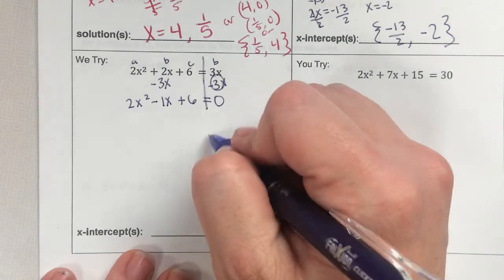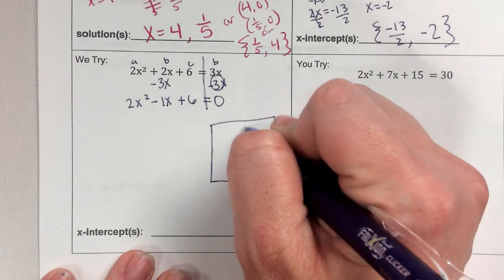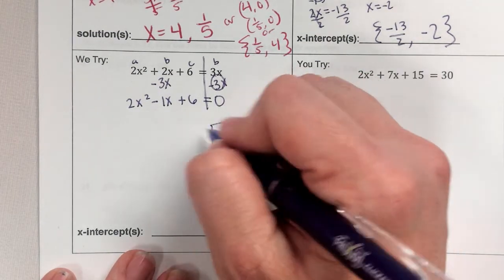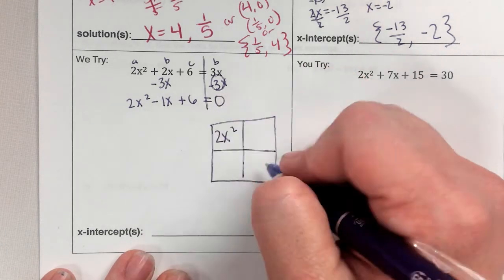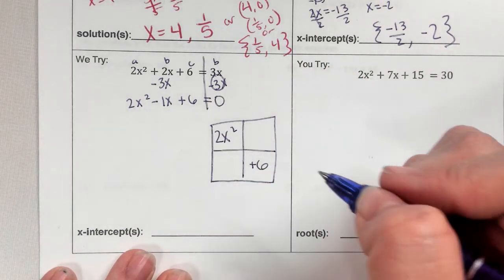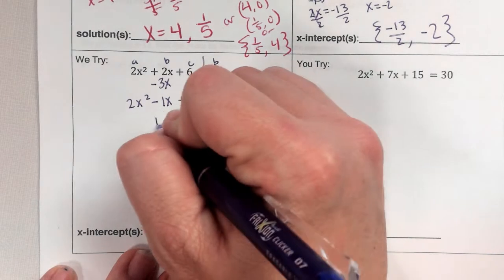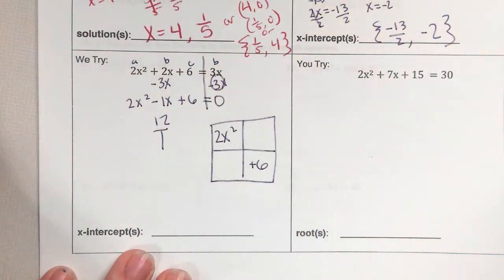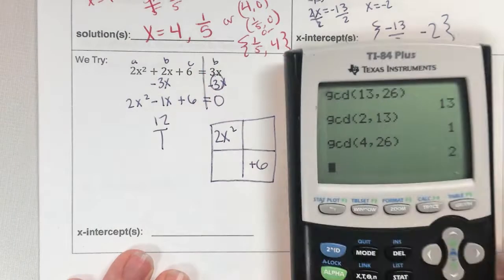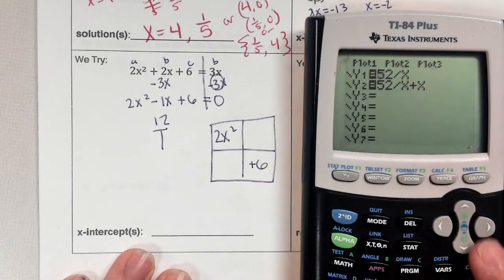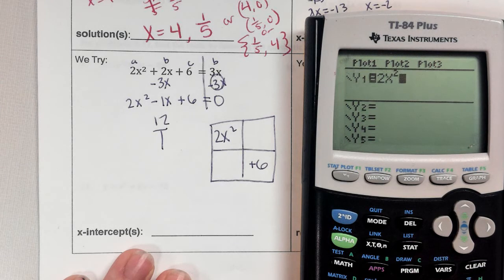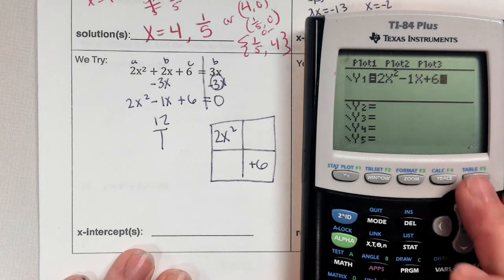Now I can factor it. First term in the first box, last term in the last box. 6 times 2 is 12. I didn't type it in my calculator again, I just get going, sorry y'all. 2x squared minus 1x plus 6.